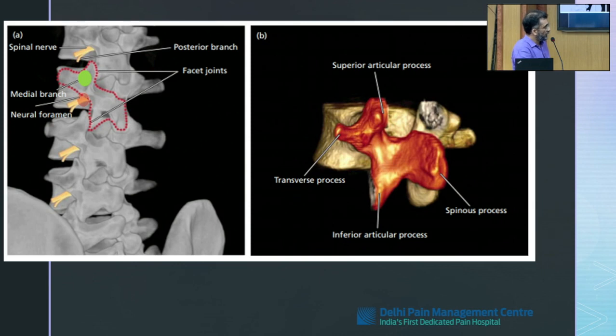So any transforaminal, whichever route you want to go, below the pedicle is the site for foraminal injection. Pedicle above and medial is the site for facet joint injection. And this is the site for the medial branch, and you need to keep the active tip in this particular direction for the medial branch RFA.